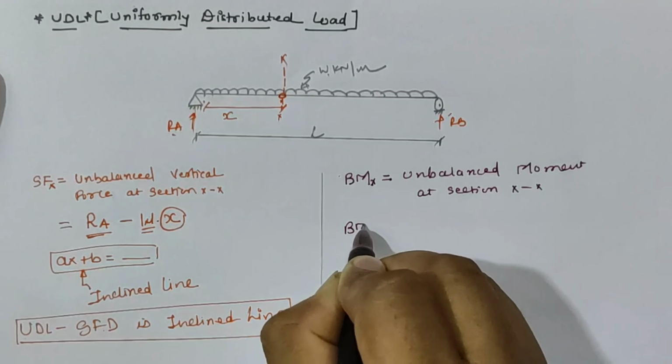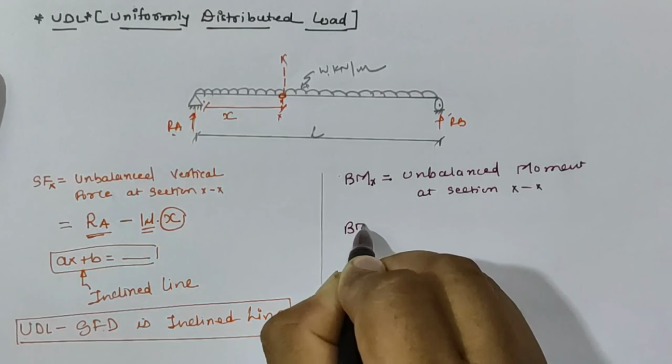Now W value UDL, which is anti-clockwise direction, so minus total load W into x, and the CG distance of UDL part is x by 2, which is equal to RA into x minus W by 2 into x square. Now observing the equation, RA is known to us, W by 2 is also known value.